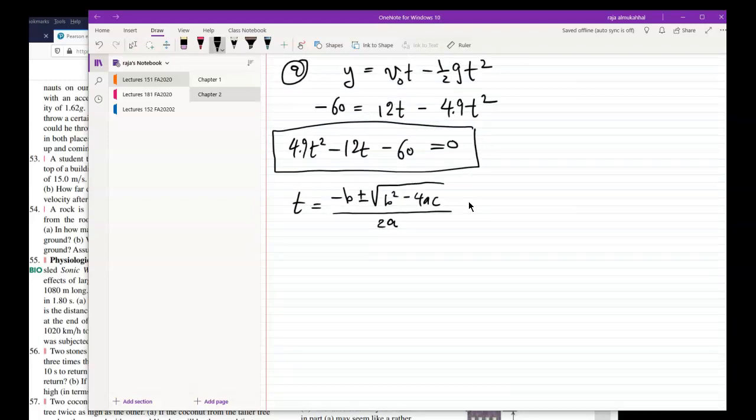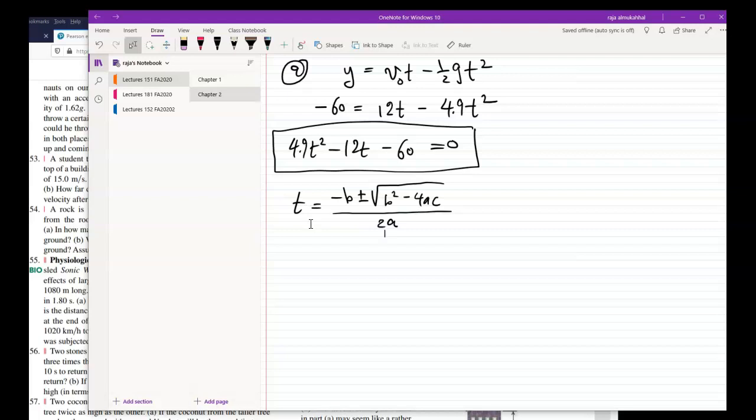The only difference from what your math instructor taught you is that because this is a second degree equation, you always get 2 roots, correct? And of course that's correct, but because this is physics and this is time, there is no such thing as negative time. So when you work it out, you only pick the positive value.